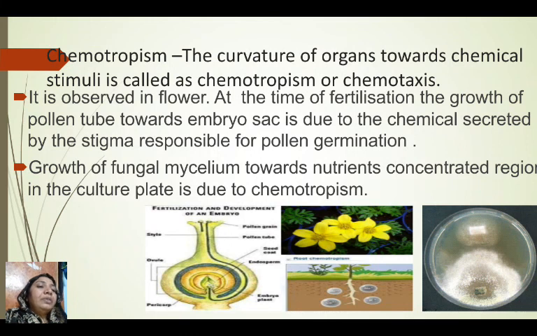Therefore, when the fungal culture is inoculated in this media, the fungal mycelium grows towards the nutrient and produces mycelia at a rapid rate as compared to the other side. In this way, in today's lecture we have studied the tropic movements in plants.